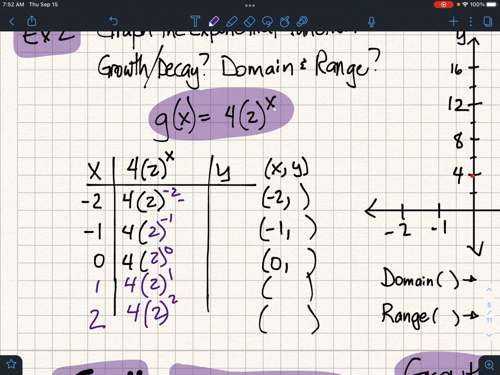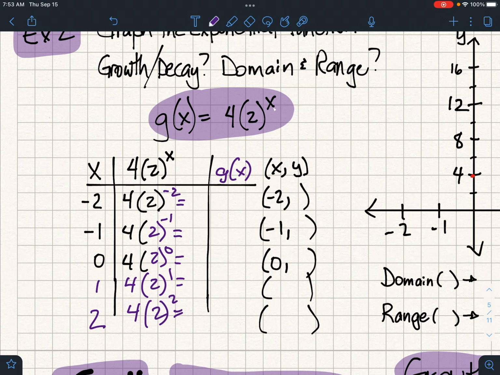Now I need to evaluate each of these to see what they're equal to, to figure out the y values. I actually shouldn't put y here, this should be g of x. So this is going to be my y value. All right, what is 2 to the -2?